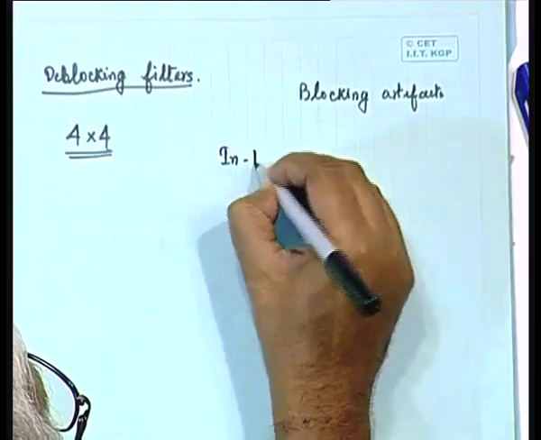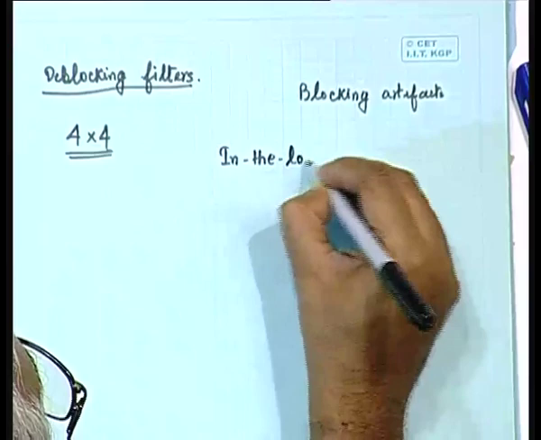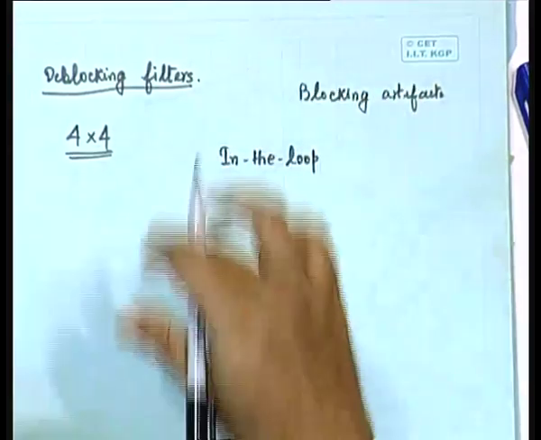So, for this the H.264 standard has specified what is called a deblocking filter, and in fact the deblocking filter is there in the encoding loop itself, and that is why it is also referred to as in the loop. In the loop means within the encoder loop.